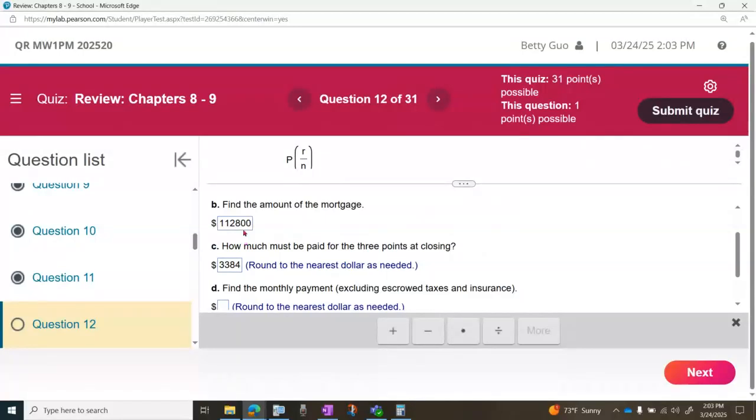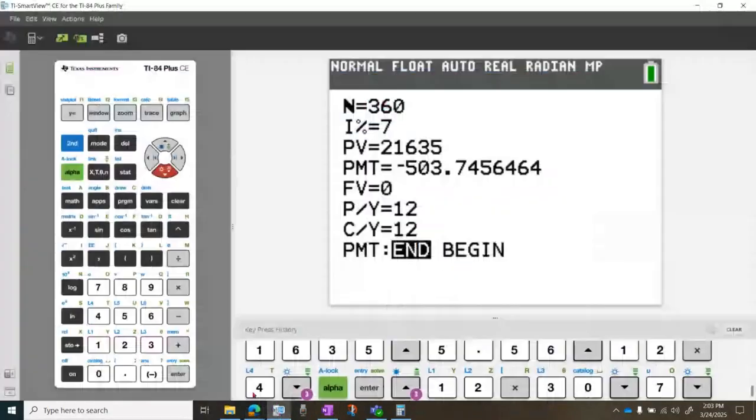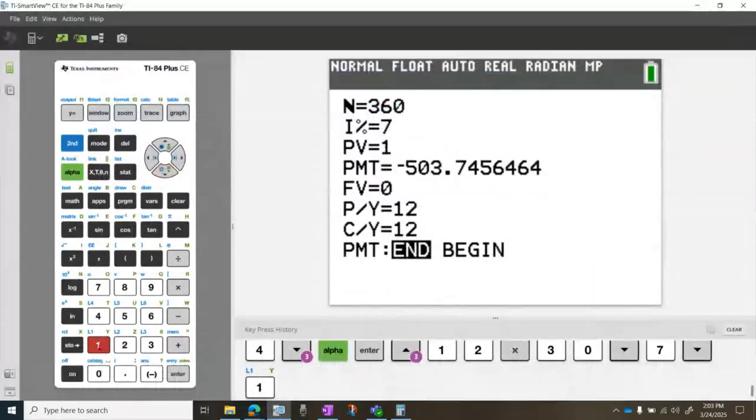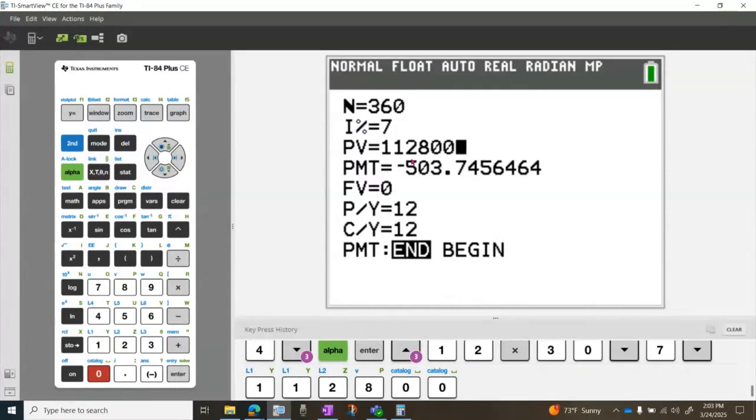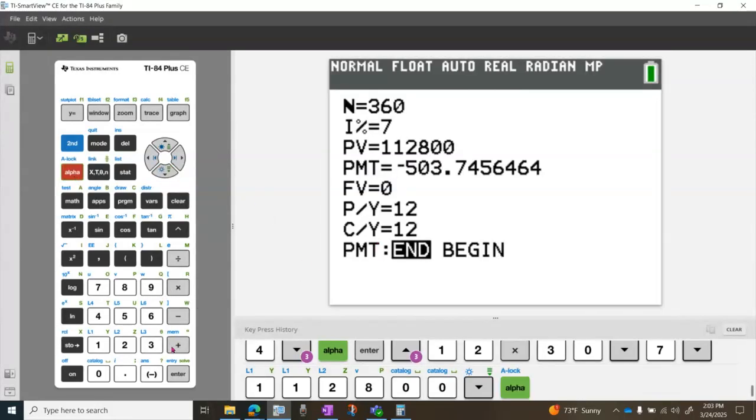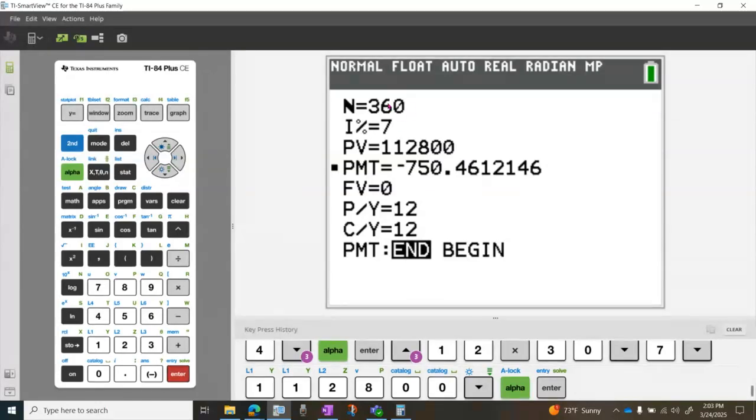And the loan amount, $112,800. Payment is what we're trying to figure out. Future value is 0 for the loan. So alpha, enter. 30-year loan, 7%. Okay, so every month you need to pay that much.